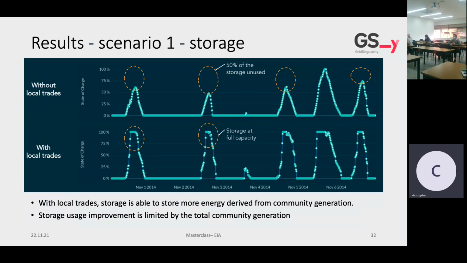Multiple times it was only halfway charged, and only one day it was charged to 100%. And when we enabled our local energy exchange, we saw that this storage can buy energy from other community participants, which allows it to store more energy. So instead of being fully charged 1 day a week, it was able to be fully charged 5 days a week, which was quite impressive to us.